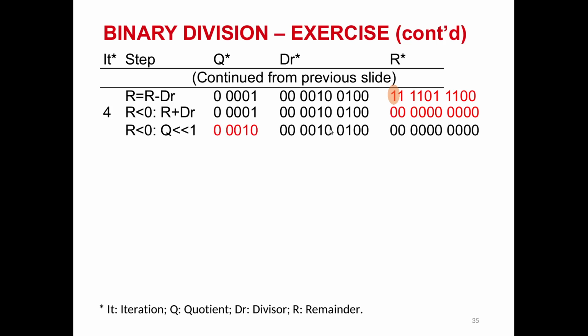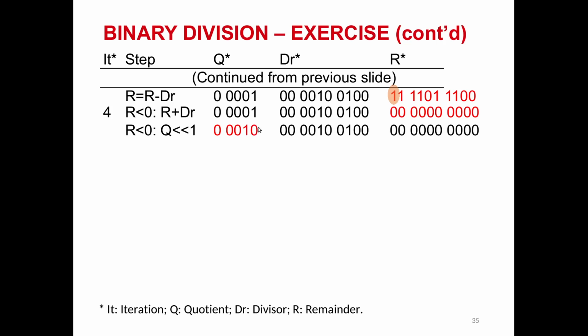And then as R is smaller than 0, Q will be changed by pushing a value of 0 into the right hand side of the Q, making all bits of Q shift 1 bit to the left, and so the value of Q changes from 0 0 0 0 1 into 0 0 0 1 0.